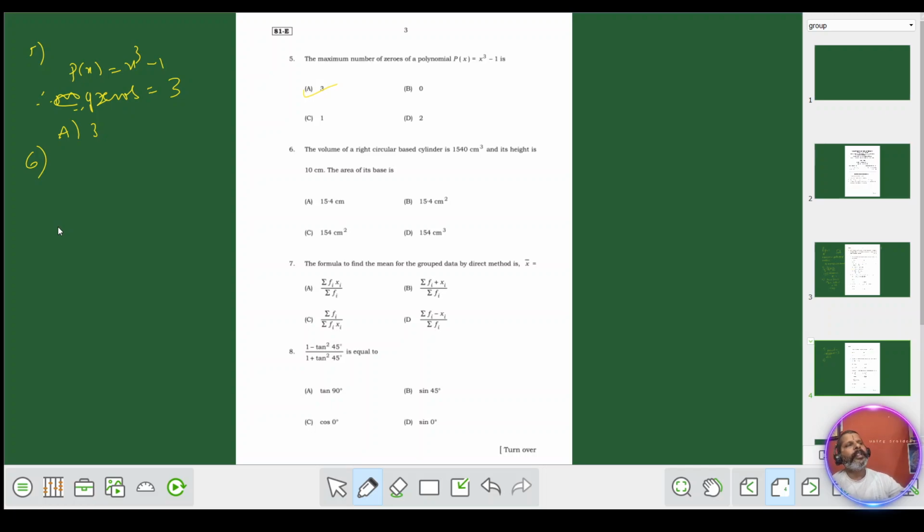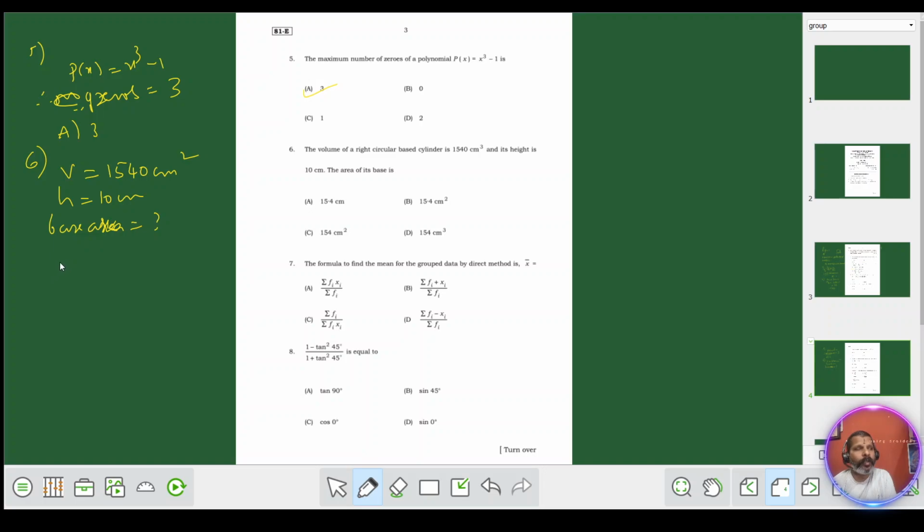Next, the volume of the right circular cylinder is 1540 centimeter cube, its height is 10 centimeter, and they asked the base area.